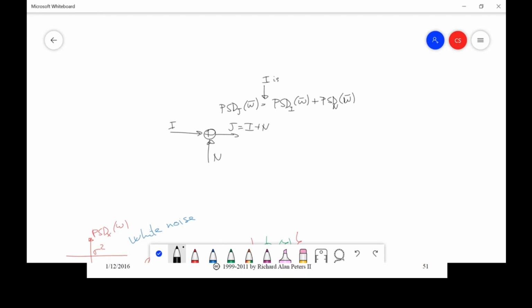I is independent of N. It is the same, but I think it is more clear like this: N is independent of I. There are situations in which the noise is independent of the image, and other situations where the noise is clearly not independent of the image.